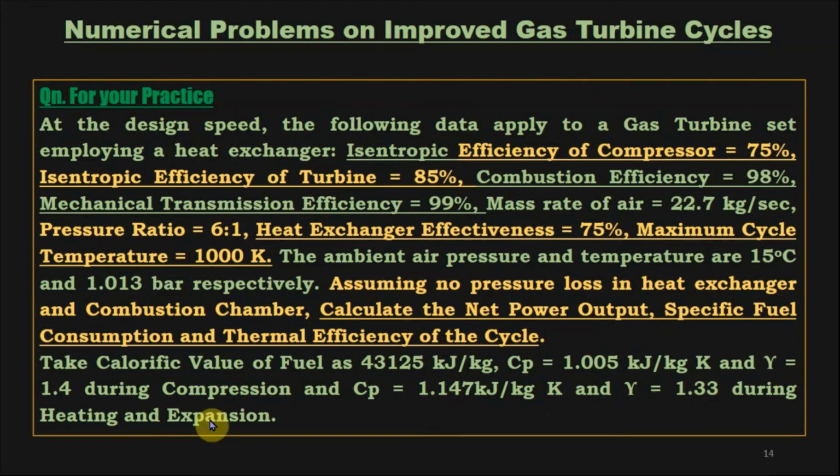When you evaluate the rate of heat supplied in the combustion chamber and the work done per second during the turbine expansion, you have to make use of these Cp values, Cp for the gas.